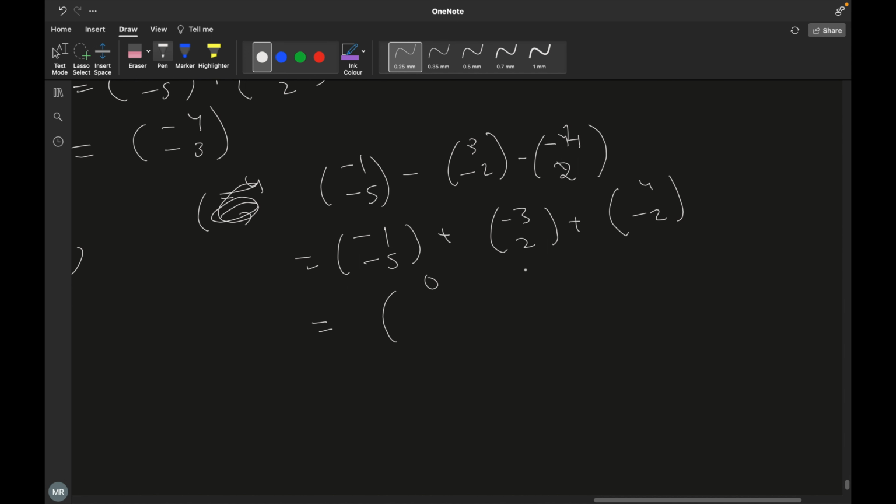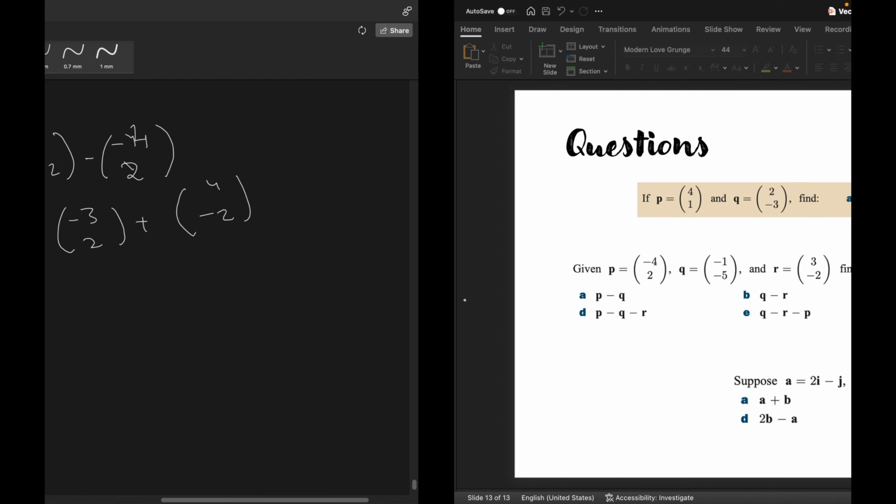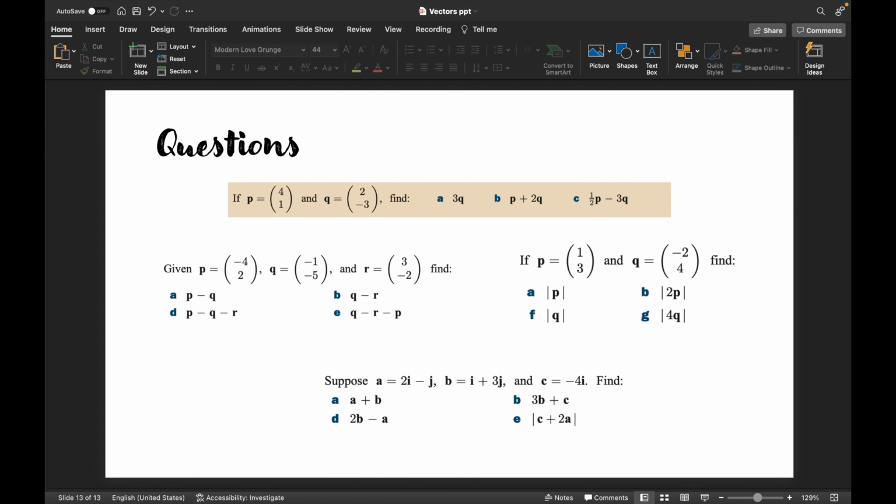We had 0 on top and minus 5 here. And therefore this is 0i minus 5j. And with that we finished this subtopic.